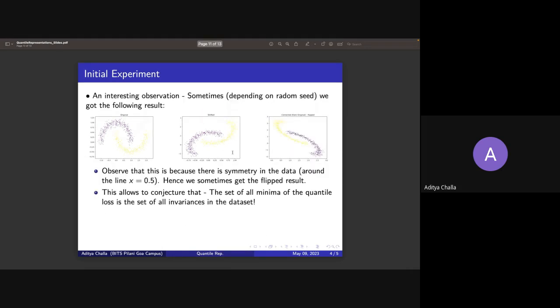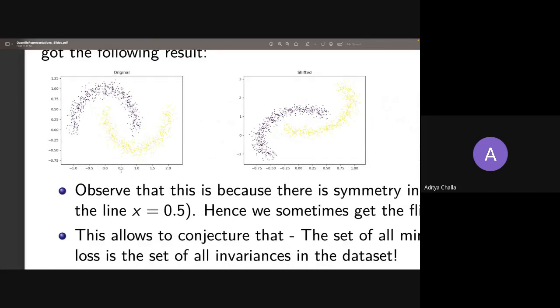But there is an interesting thing which we observe. Sometimes what happens is the G, depending on the random seed in the optimization procedure, the initial condition, what we observe is we get a flipped version of it. And some further analysis allowed us to see that around the line x equal to 0.5, we have an entire symmetry where the entire data set, even if you shift, the labels don't match, of course, but the data distribution itself is symmetric over x equal to 0.5.